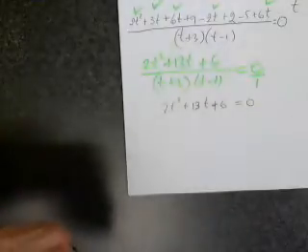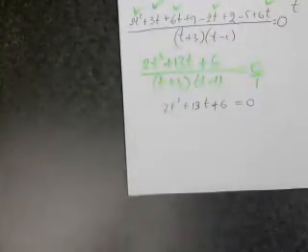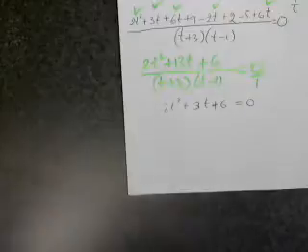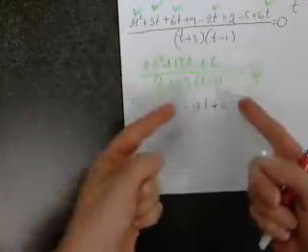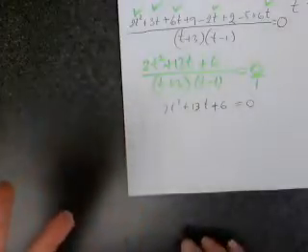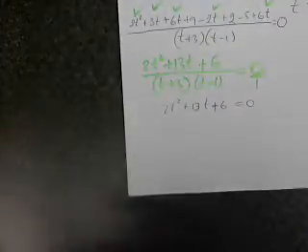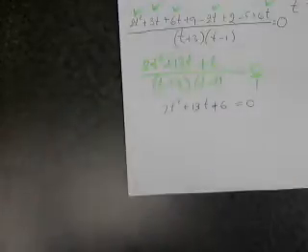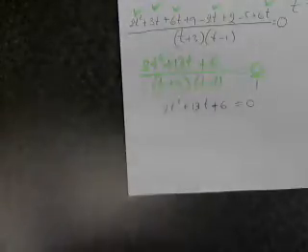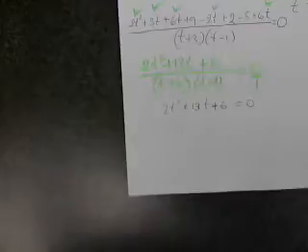Excellent. Now, there is a shortcut. I would like at least to mention it to you. I'm given a fraction, and I'm told this fraction is 0. When can a fraction be 0? I have a over b. When can this fraction be 0? If the denominator is 0, I'm in big trouble because the fraction is undefined.